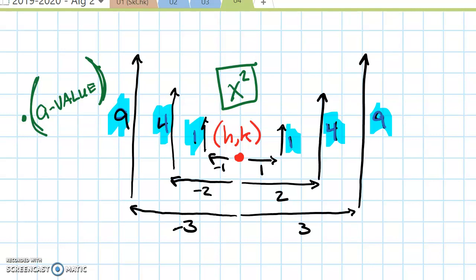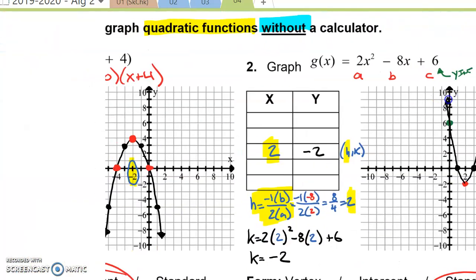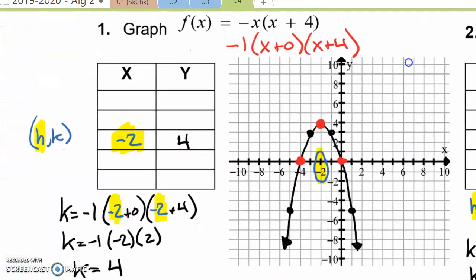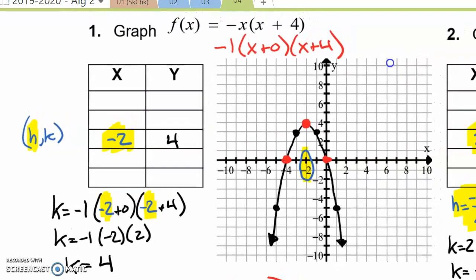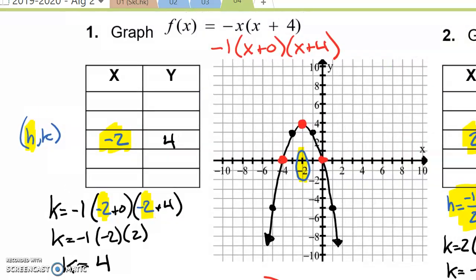So looking back over at these, let's take a look at example 1, graph number 1. I plot my x-intercepts, count my way to the middle to find the h value of -2, substitute it in, I get a k value of 4, and then following the quadratic pattern with a negative a value, I see the graph listed here.